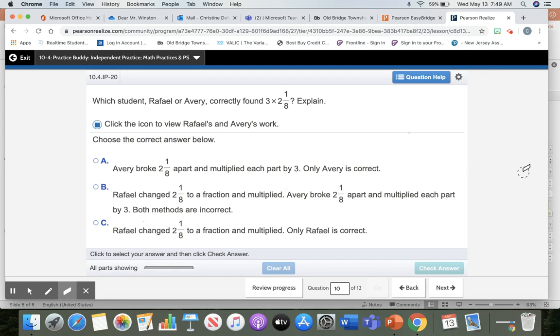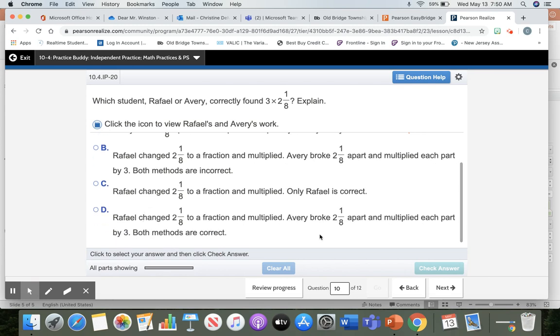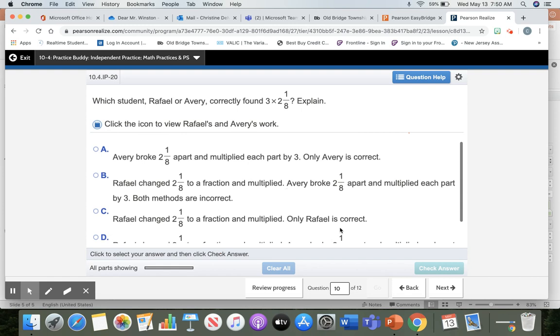Raphael changed 2 1/8 to a fraction and multiplied. Both methods are incorrect, only Raphael's is correct, or each method is correct.